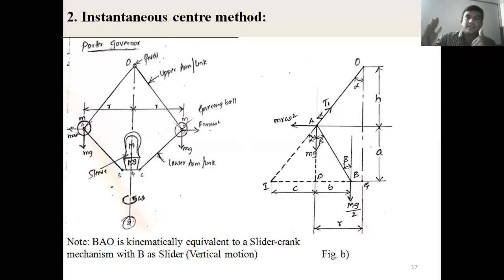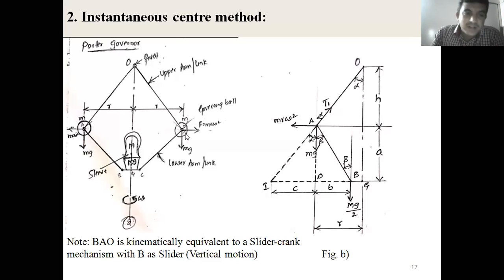For example, if a crank rotates about a center, and if you go for a slider crank mechanism, for each link, extend one link along its length, and on the other side extend the other link. Those two lines intersect here. That point is called the instantaneous center, which means that about that point only the link is rotating or moving. That is called the instantaneous center.